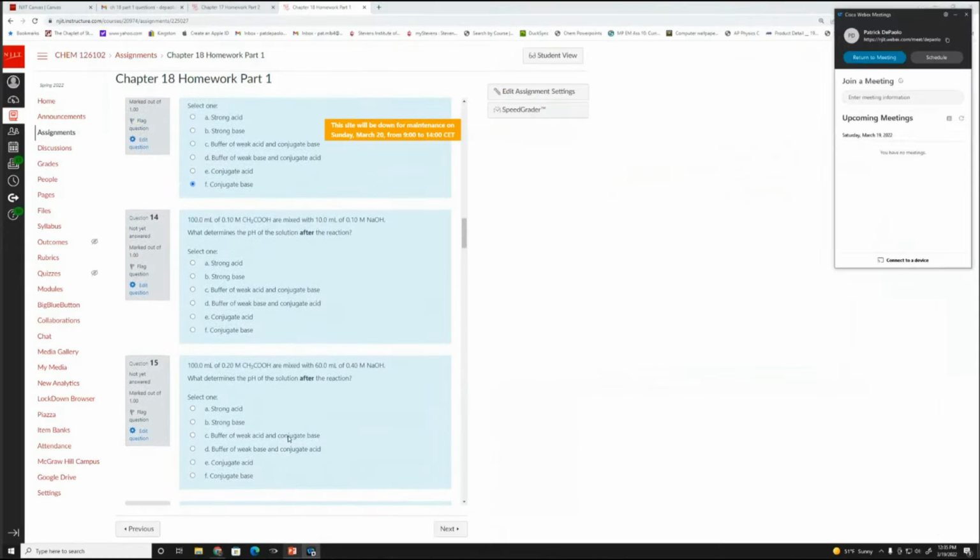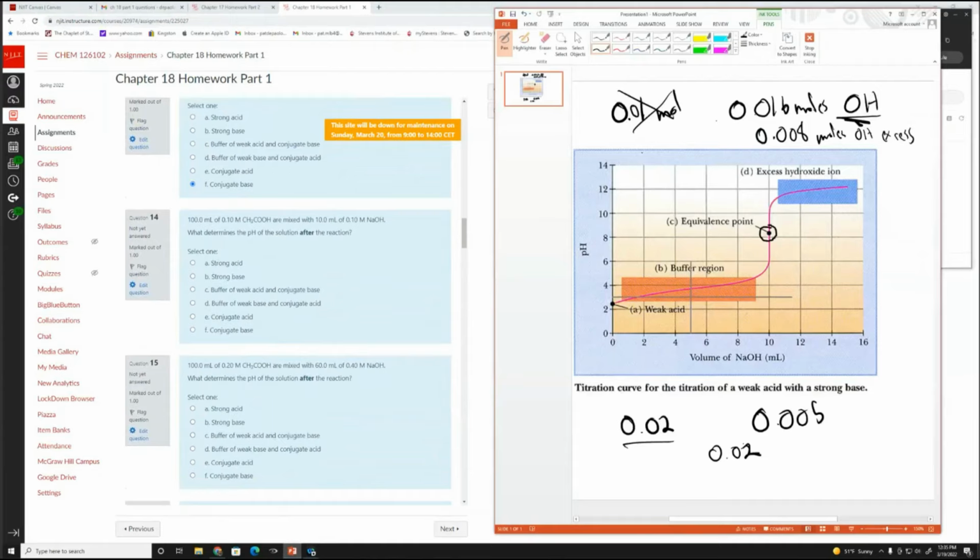Number 14, we have acetic acid, but in this case we have 0.01, so we have less moles. I'm going to write that number down, 0.01, and we're mixing it with 0.01 liters times 0.1, which is 0.001 moles of strong base.